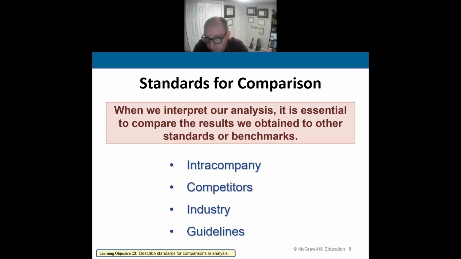It's called benchmarking. We're benchmarking our performance to our competitors' performance. We can do the same for the industry and across subsidiaries within our own company. So these are what we call the standards for comparing the financial performance from one company to another.